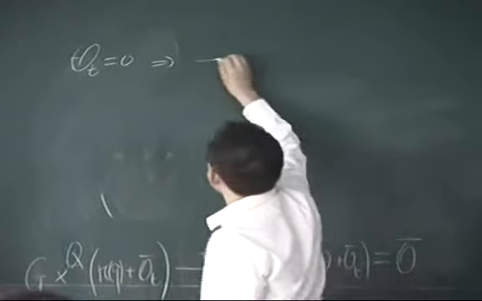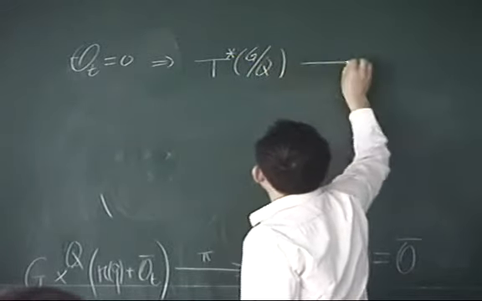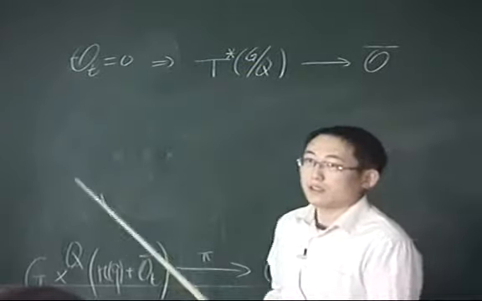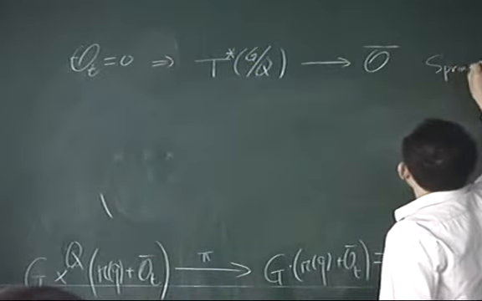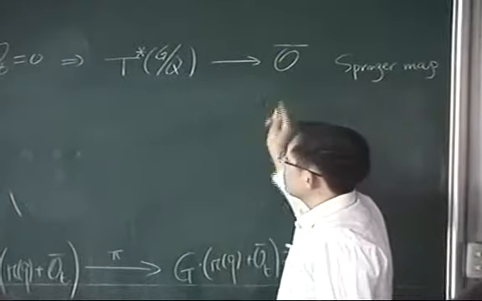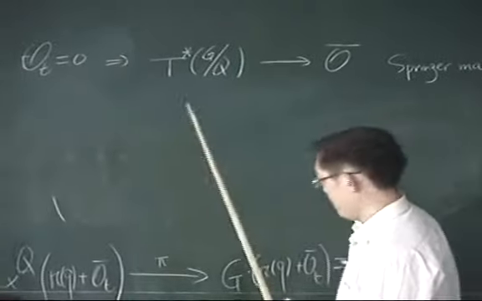So this is the cotangent bundle of G/Q mapping to the nilpotent orbit closure. So this is the usual Springer map. In general, this is generically finite, but it's not always birational.